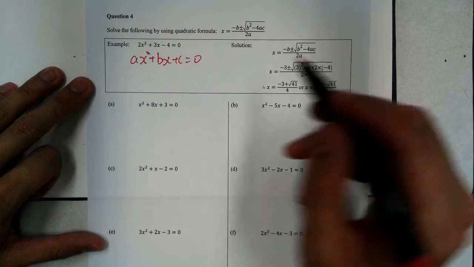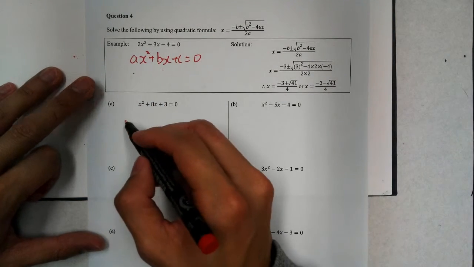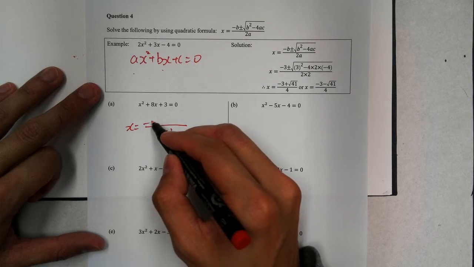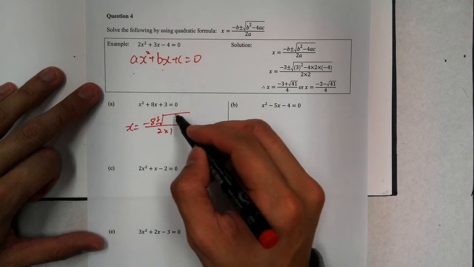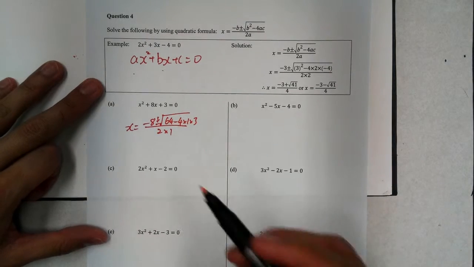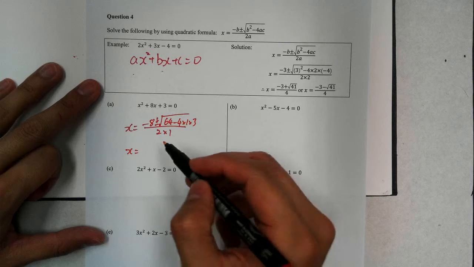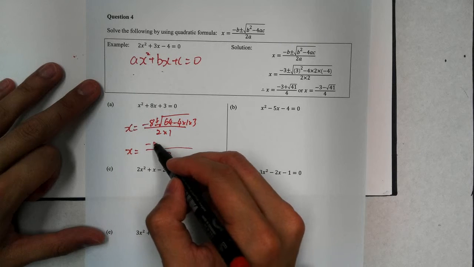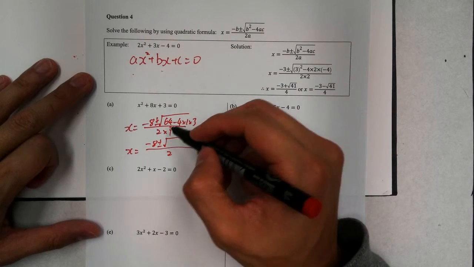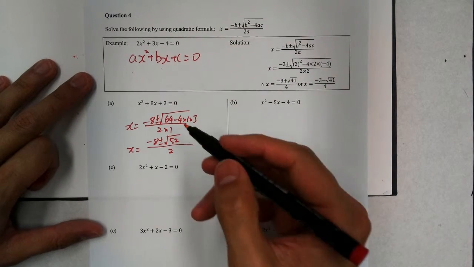Okay, so there's A, B, and C. What we need to do is substitution. x equals negative 8 plus minus the square root of 64 minus 4 times 1 times 3, all over 2 times 1. So therefore we have negative 8 plus minus square root of 64 minus 12 is 52, over 2.